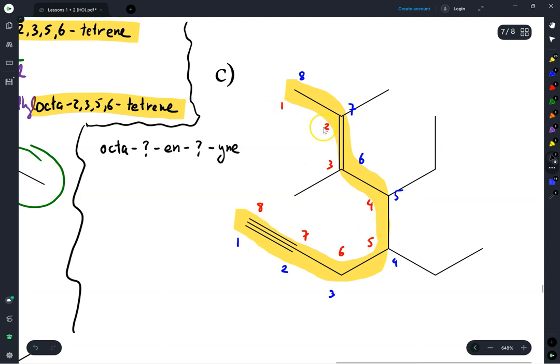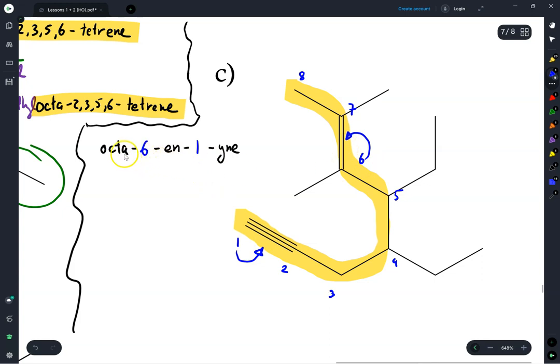If we choose red, the address numbers are 2 and 7, but if we choose the blue counting system, it gives us address numbers of 1 and 6 for the location of the multiple bonds. Obviously 1 and 6 is better than 2 and 7, so we will choose the blue counting system, giving the triple bond a location of 1, and the double bond gets a location of 6.